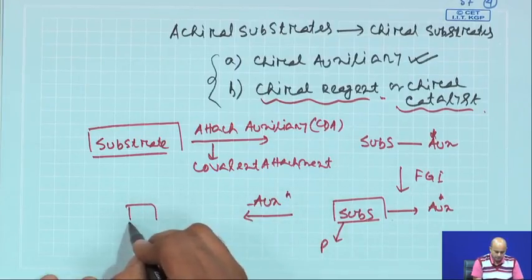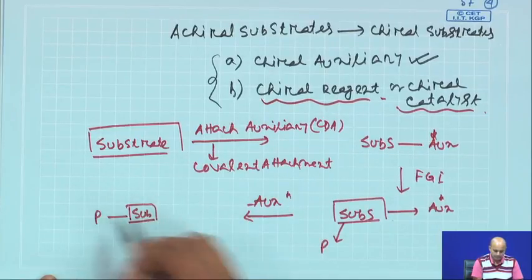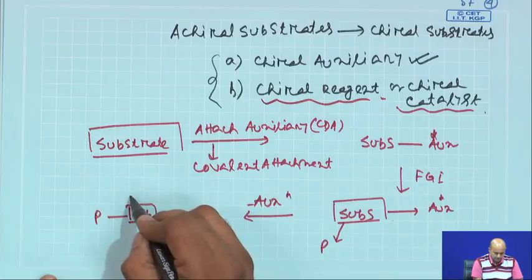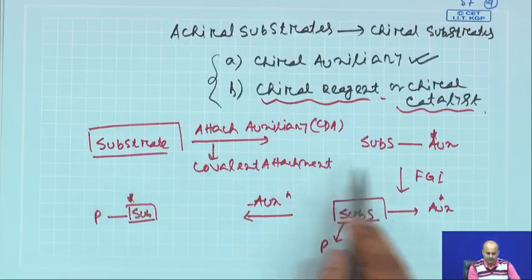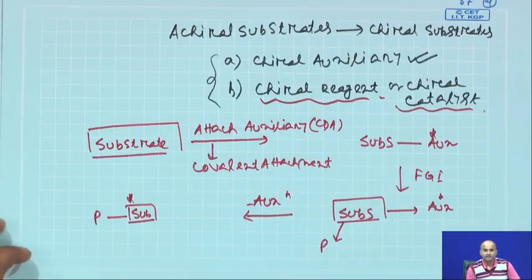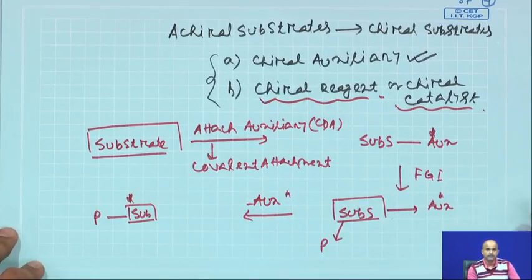Basically, you now get your substrate with a new bond, so the substrate becomes chiral. So, starting from an achiral substrate, you can end up with a chiral substrate. It is nothing but an extension of the chiral derivatization agent.